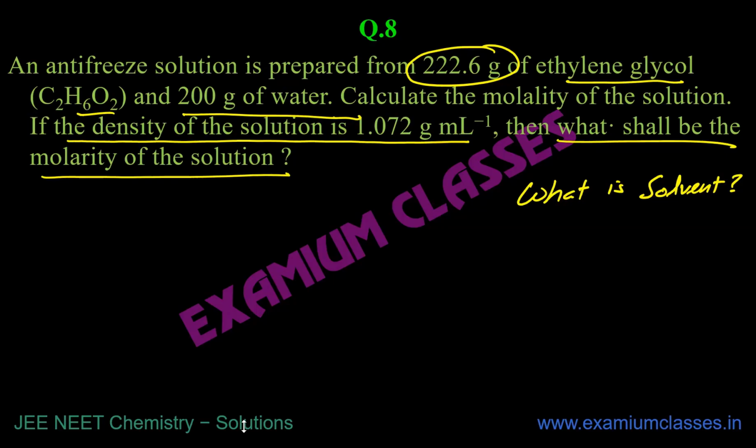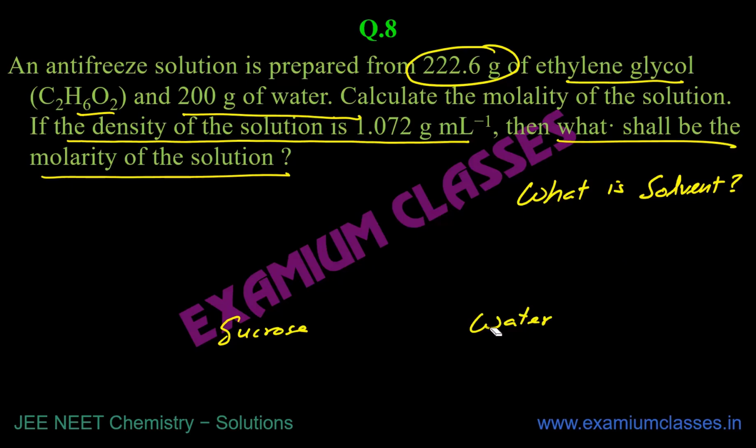you will consider it in terms of moles, because moles will decide the particles. Try to understand what I am saying. Suppose you have, I'm giving you just examples, suppose you have glucose or sucrose and you have water.